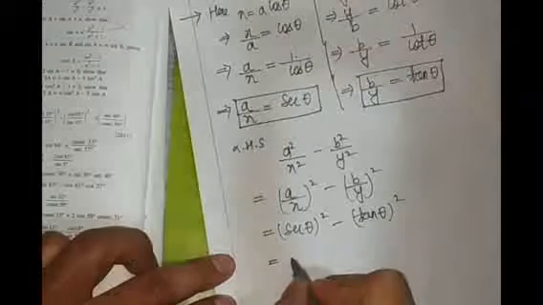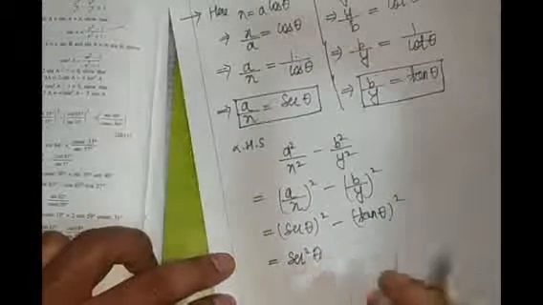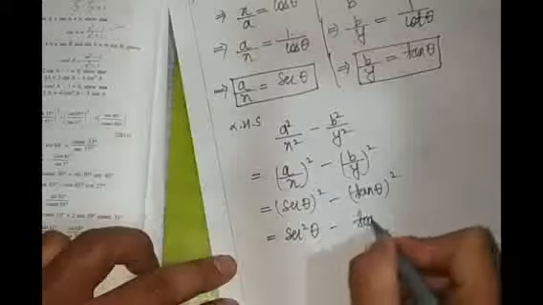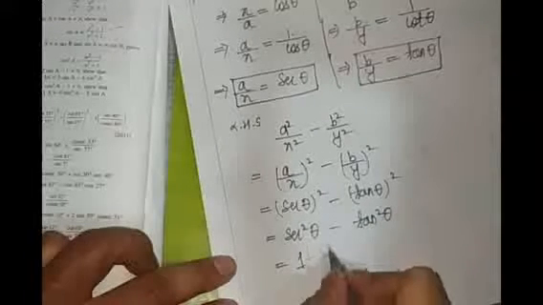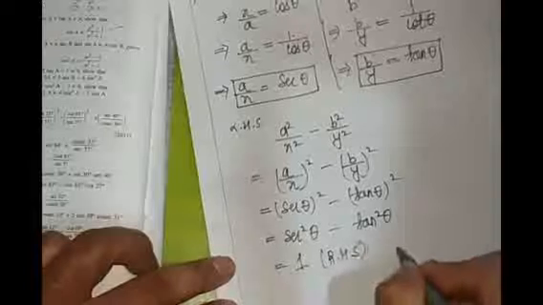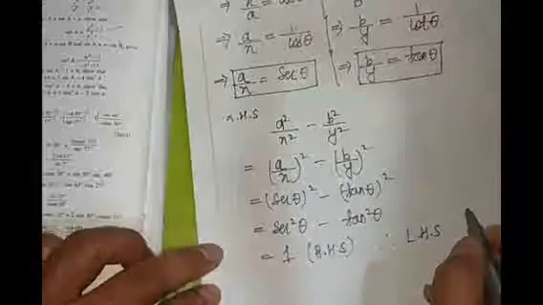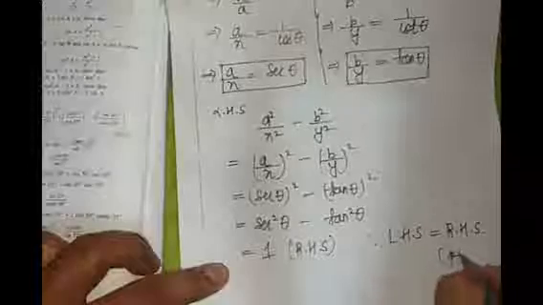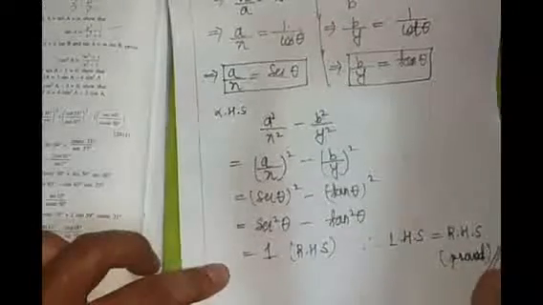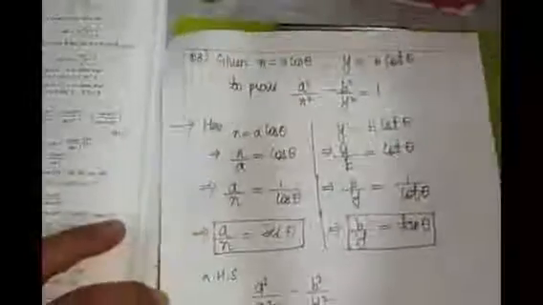Therefore this is sec square theta minus tan square theta, which is equal to 1. Hence the proof, this is my right hand side. So LHS is equal to RHS, which is proved. Okay, so this is your question number 3.